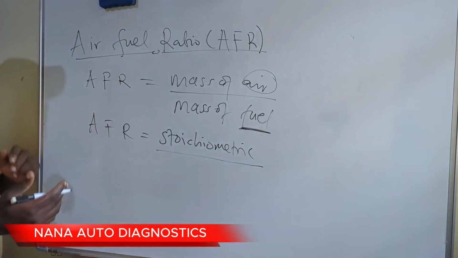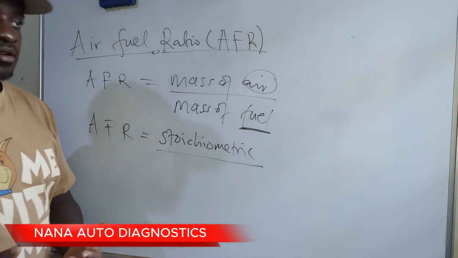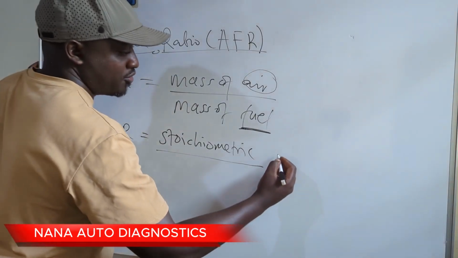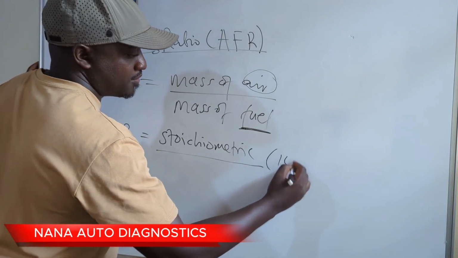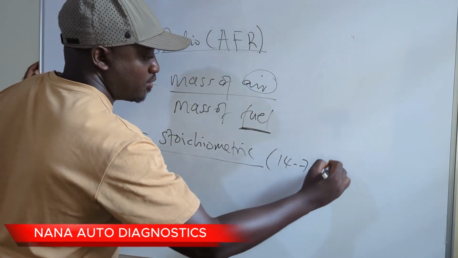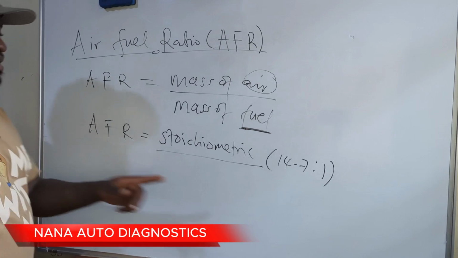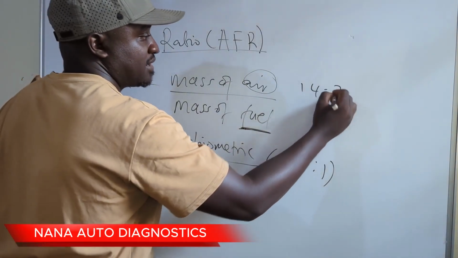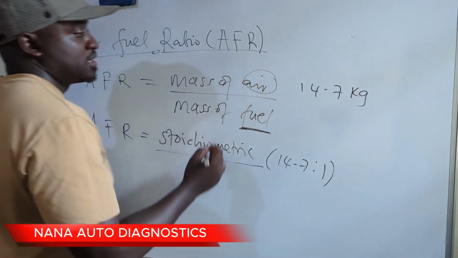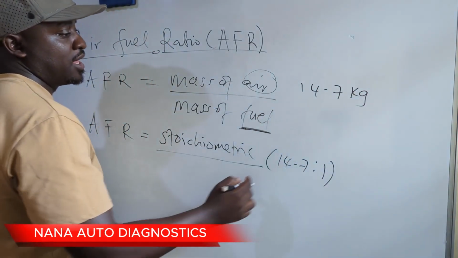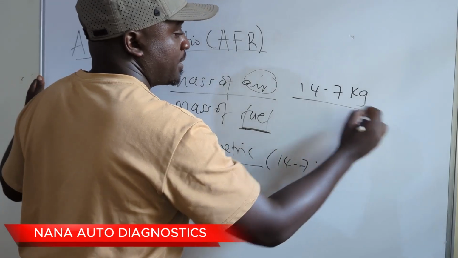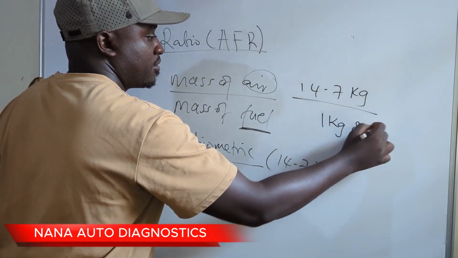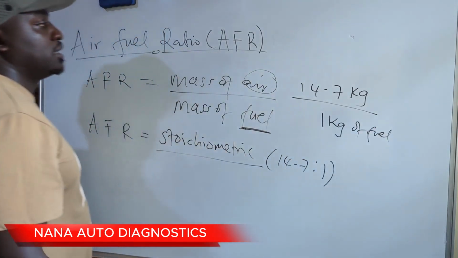Let me use an example of gasoline, or what we know as petrol. Its stoichiometric air-fuel ratio is 14.7 to 1. So what this means, you require 14.7 kilograms of air in order to burn 1 kg of fuel.